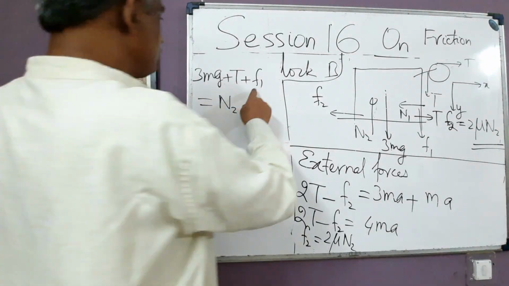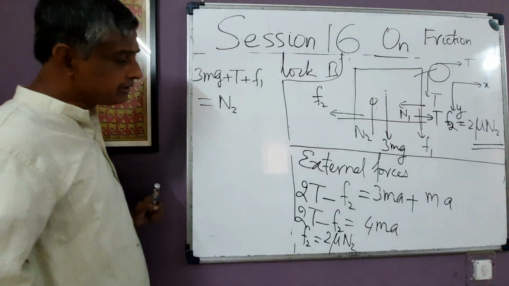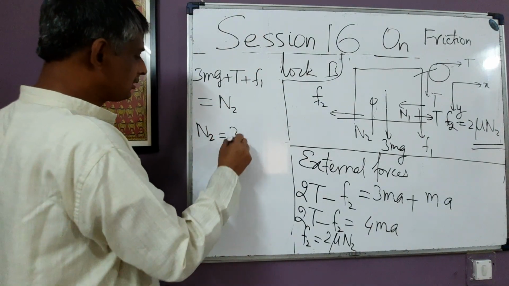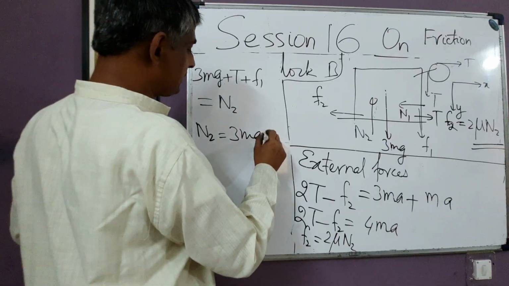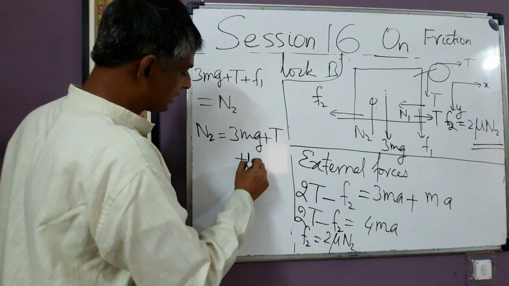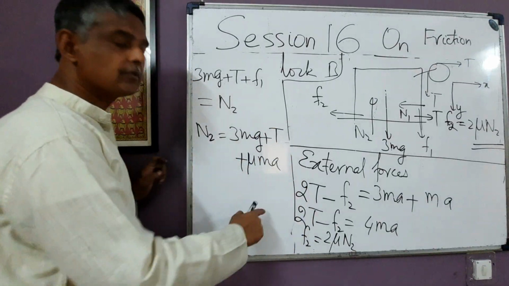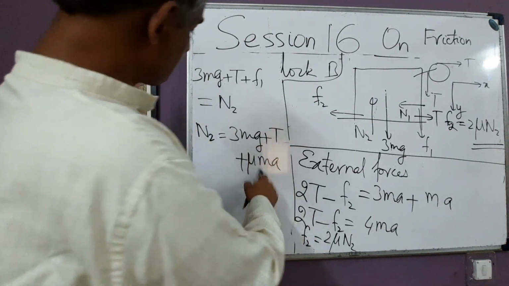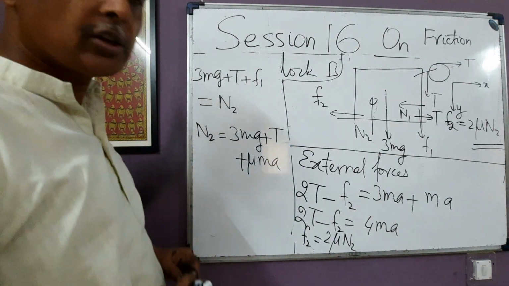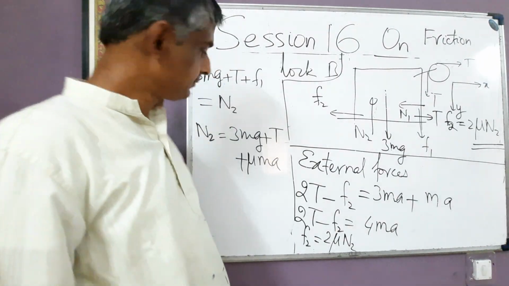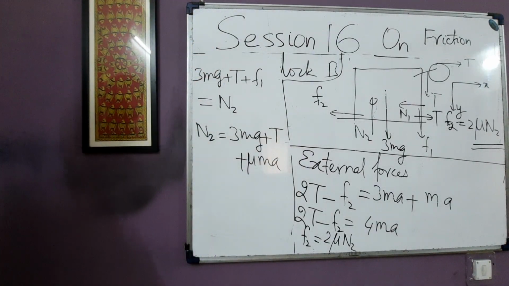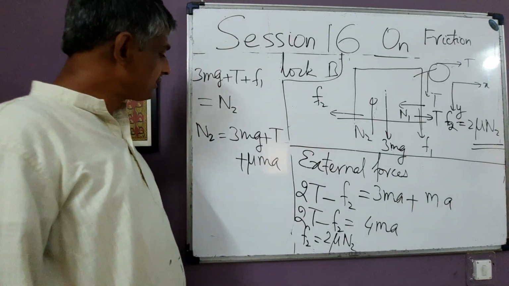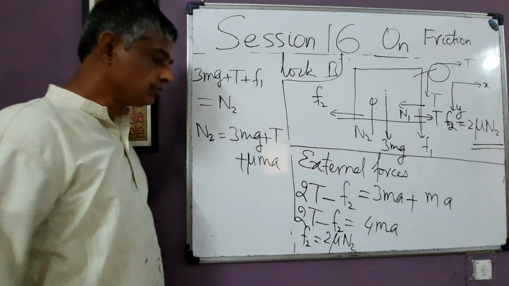N2 is up; 3mg, F1 and T are in the downward direction. Now we also have to find F1, but I have already written it down: mu times ma, since N1 was shown to be ma. So N2 is equal to 3mg plus T plus mu ma. N2 has been determined fully.